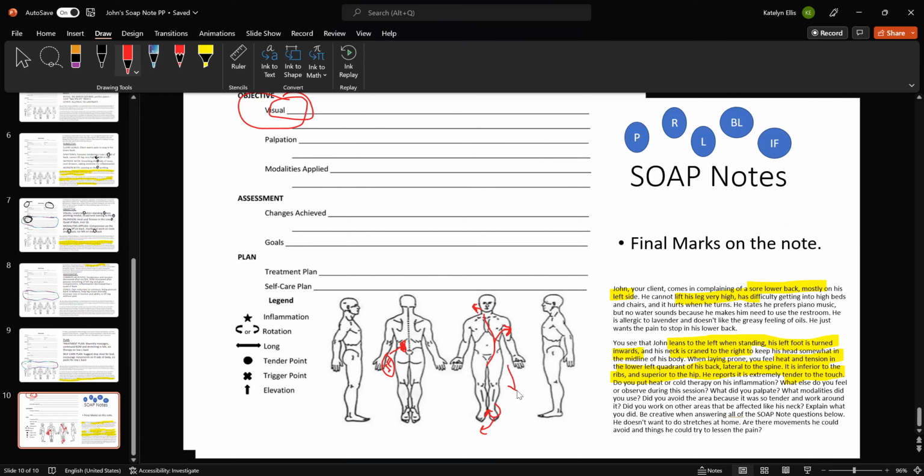All right. And this is his right. So this side is overstretched. So I could put these where the body part is stretching up and down. It's stretching away from itself on the right, on the lateral side. And because he's leaning in towards the left over here, you can put like a little symbol like this if you want. These are yours to make up as you want to do.